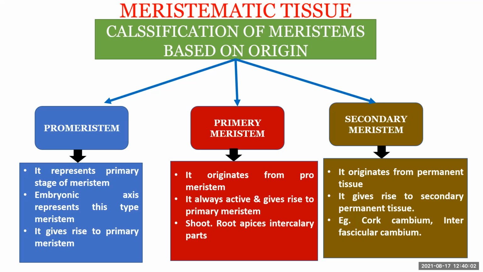The meristem which originates from permanent tissue is known as secondary meristem. Primary meristem originates from promeristem, the embryonic meristem present in the embryo, whereas the secondary meristem originates from permanent tissue which is already there in the plant.